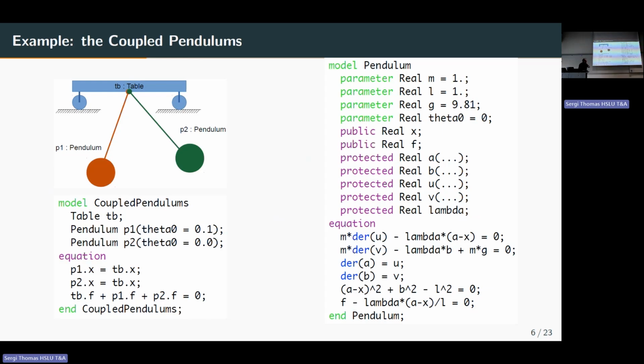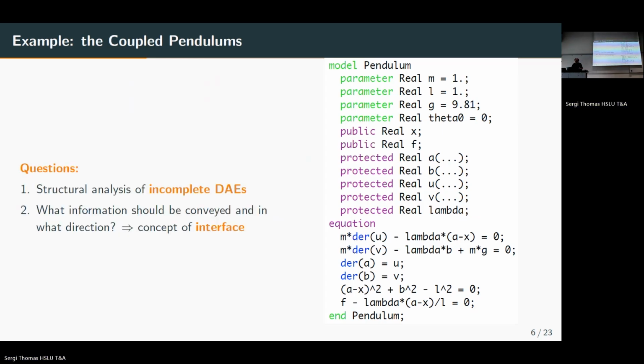I will show you how we can perform the structural analysis of this model by performing first the structural analysis of the pendulum class, and then propagating what we have computed to the coupled pendulum class, where you have two instances of the pendulum class.